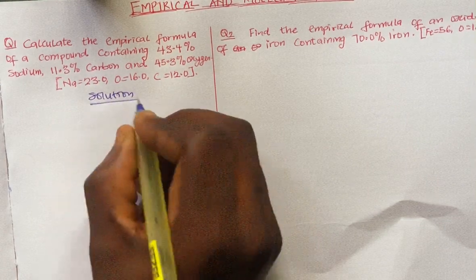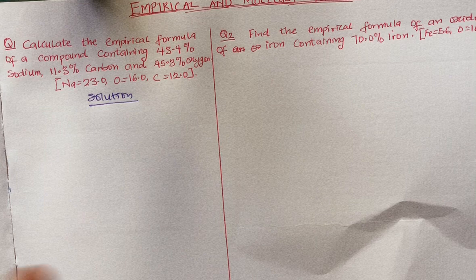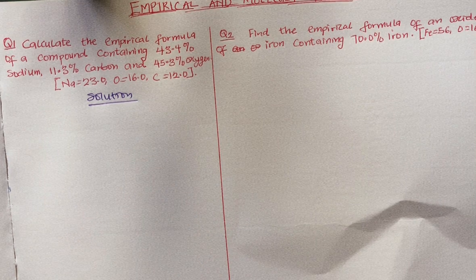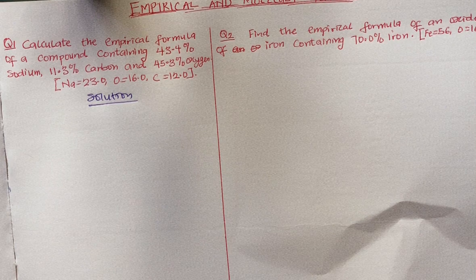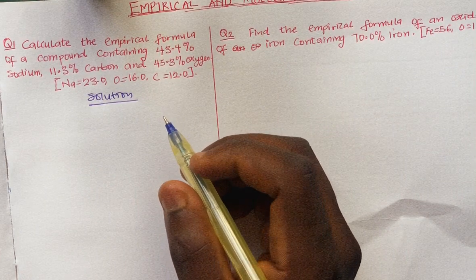Now the question is: calculate the empirical formula of a compound containing 43.4% of sodium, 11.3% of carbon, and 45.3% of oxygen. In this case, you can outline all the elements that we're having here.